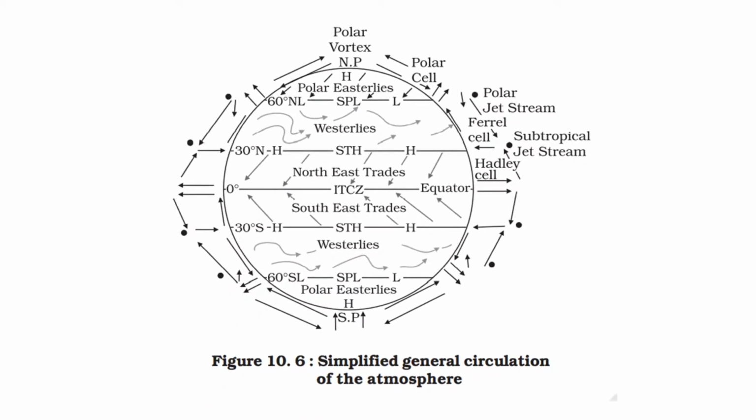I hope now it's visible to you all. So just go through the diagram and then we'll discuss the further topics within 4 to 5 minutes. Please make an outline of the diagram of the simplified general circulation of the atmosphere.